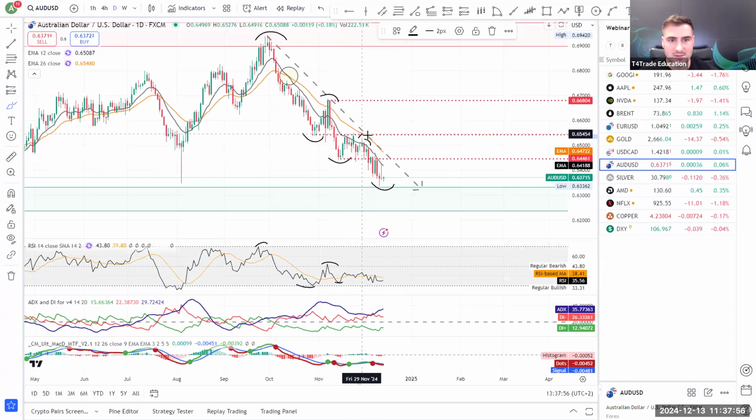So if this is a lower high, in this kind of area, that's not a problem. But price action once again records a lower low at this level, whereas the RSI bottomed out at the same level.